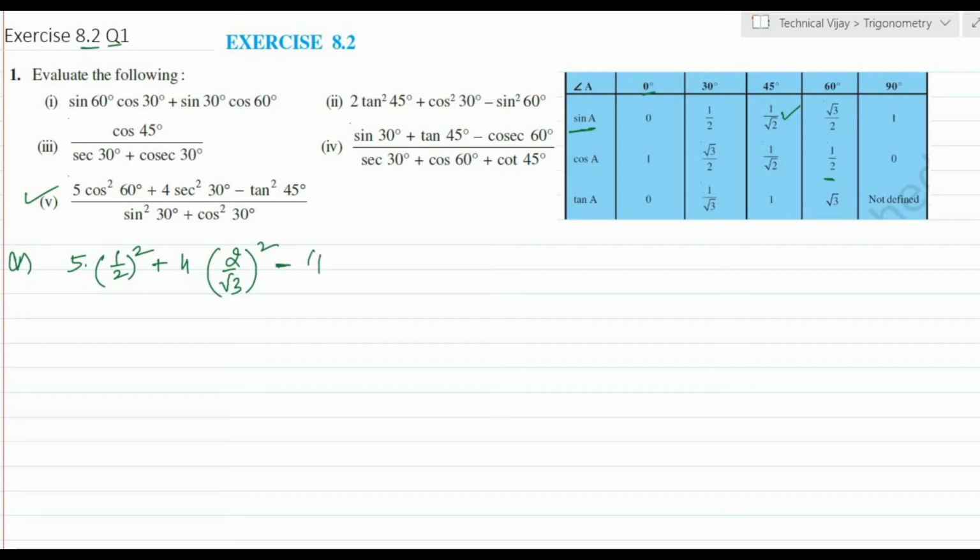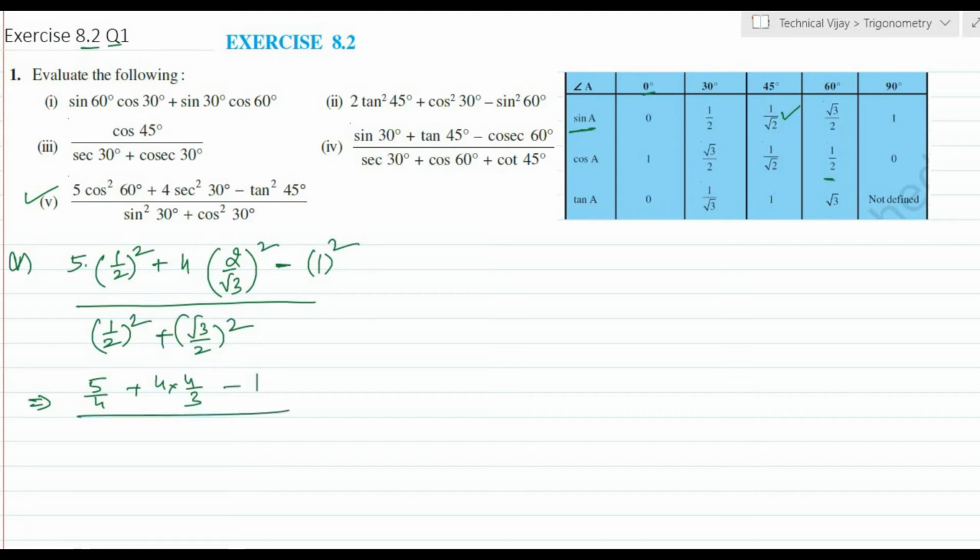1. So 1 square. Whole divided by, so sin 30. Sin 30 is equal to 1 by 2, that is square, (1/2) square. Plus cos 30 is equal to √3 by 2, square, (√3/2) square. So now we will simplify this one. So here 1 by 4. That is 5 divided by 4 plus 4 into 4 by 3 minus 1.